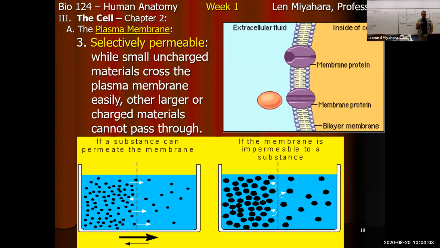You can see that some things that are small and uncharged can go through easily. Other things can go through, but with more difficulty. It's got to find the right protein channel. Other things never go through. Things that are small and uncharged can go through the lipid bilayer. Boom. Other things have to go through the right protein channel, that one. Other things never go through.